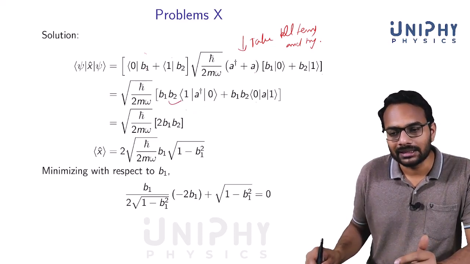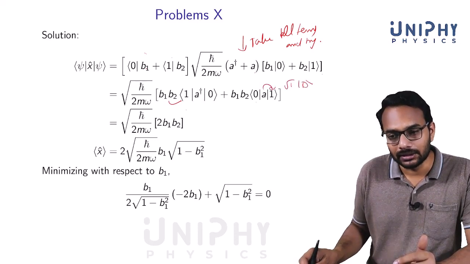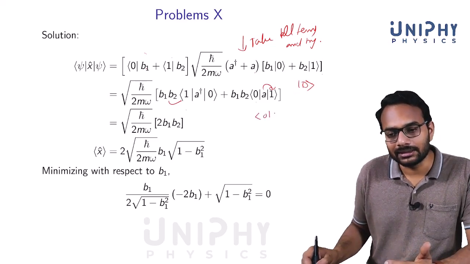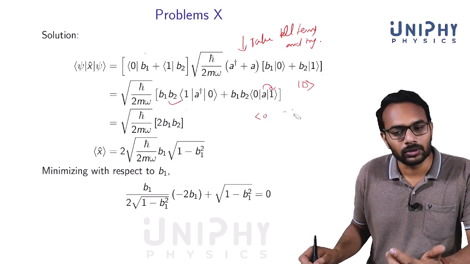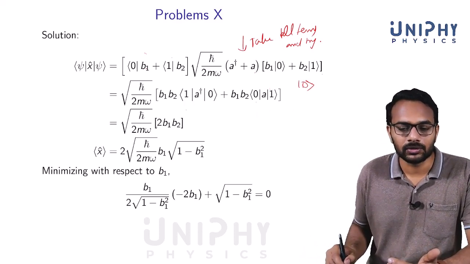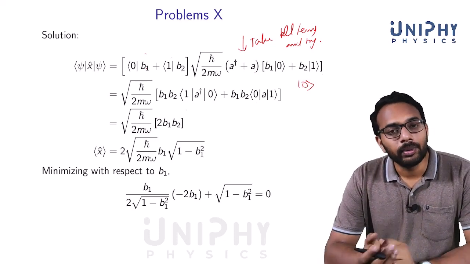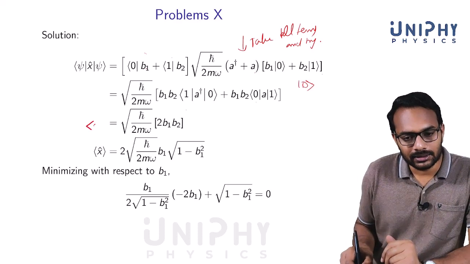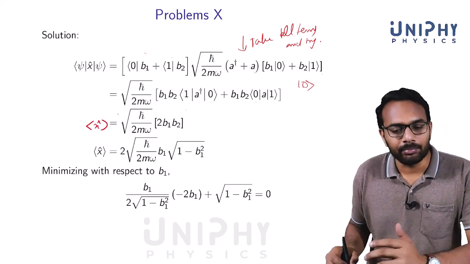What about <0|a|1>? a acting on 1 is square root of 1 multiplied by the state 0, the ground state, and <0|0> is equal to 1. That's orthonormality. So what you have is square root of h cross by 2 m omega times 2 b1 b2.